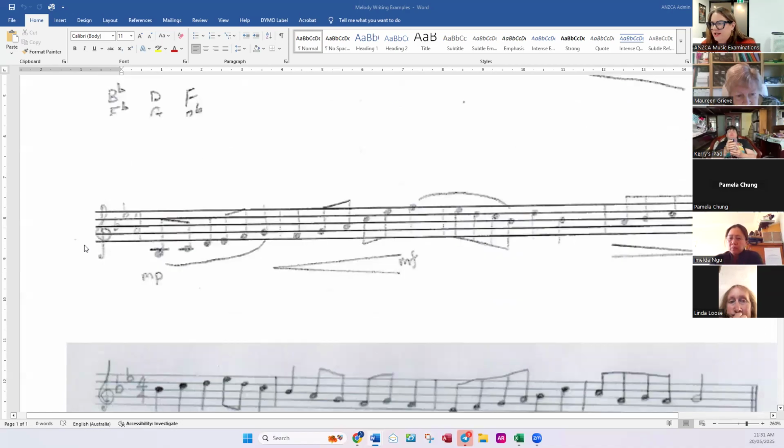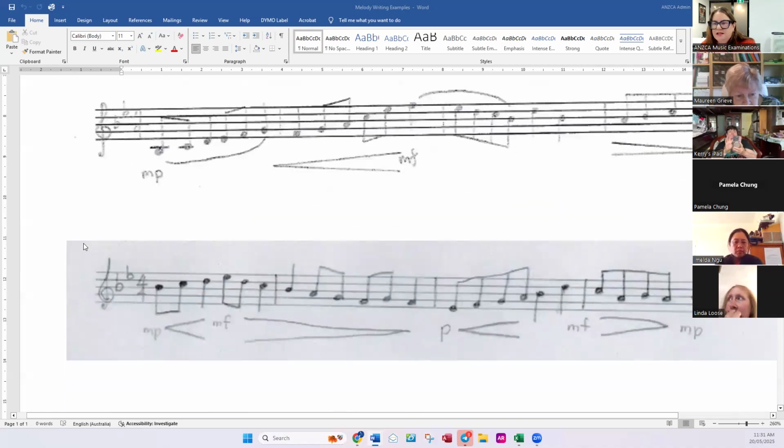I have no idea how I would mark a melody in significant detail over and over again, like Maureen and others that are assessing the theory would have to do.